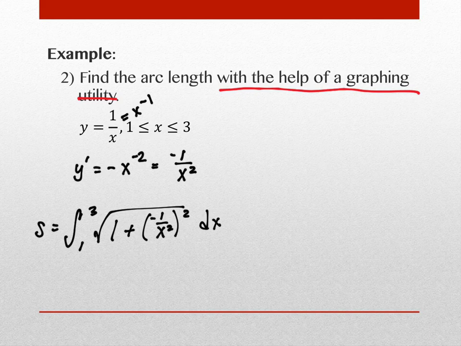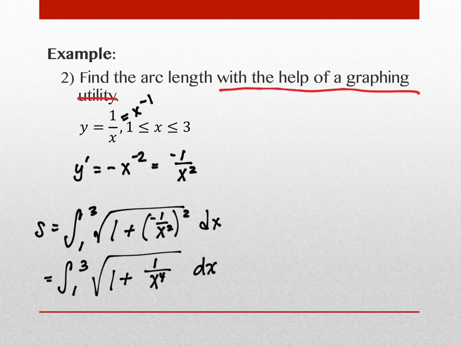It doesn't matter. All right, so we're going to square this piece inside. So as we square this piece inside, I have 1 plus 1 over x to the 4th dx. Everybody good?